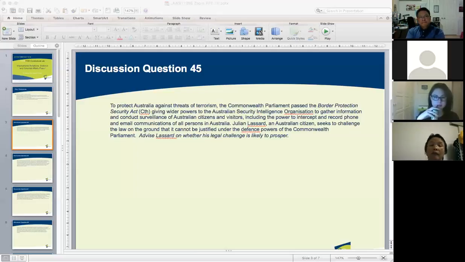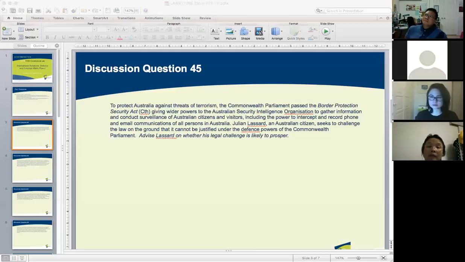Then I've applied the above two rules. In this case, the facts say that the above action of gathering information and the conduct of surveillance of all Australian citizens and visitors is to protect Australia against threats of terrorism. So I would argue that its direct and immediate object is not defence.